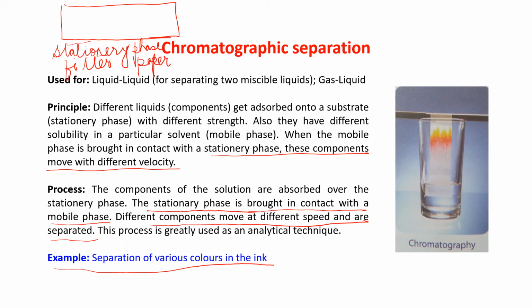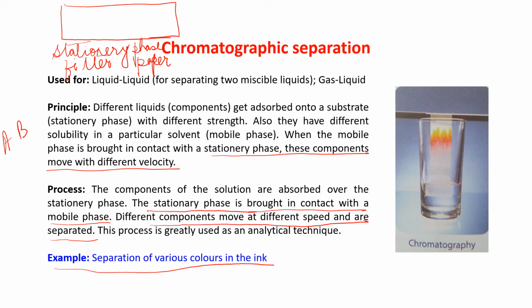Suppose I want to separate the colors in the ink. Let us take only two colors, that is red and blue. Here I am taking the components, that is the red and the blue color, as A and B. There are two components in the ink, A and B. Drop one drop of ink you take and just put it in the filter paper.